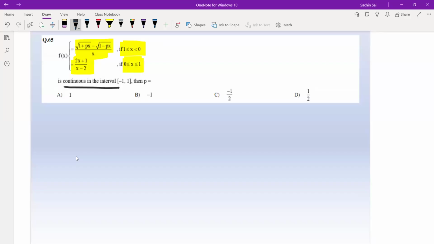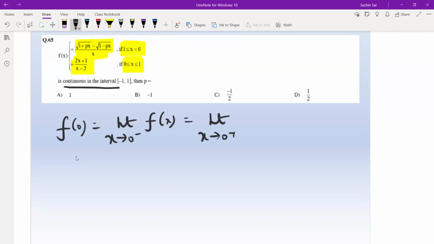So what does that mean? It means that f of 0 should be equal to limit as x tends to 0 minus f of x. And this should be equal to limit as x tends to 0 plus f of x, right? Now f of 0 is minus 1 by 2. According to the definition, if x is equal to 0, then I have to consider this as the definition of the function.